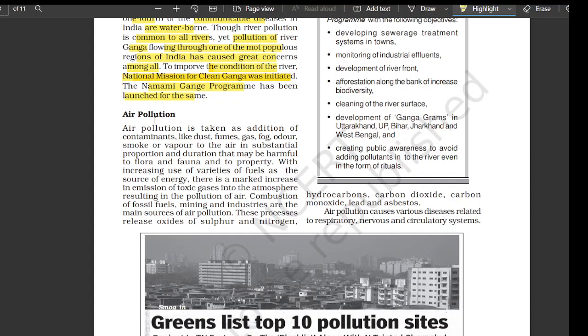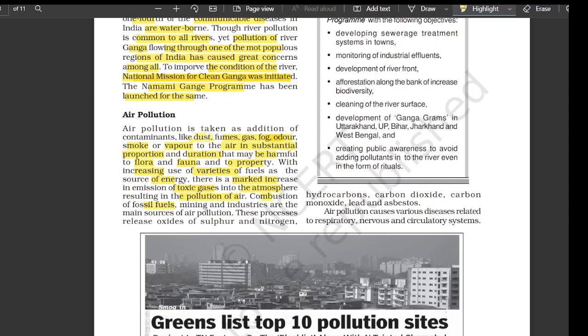Air pollution. Air pollution is taken as an addition of contaminants like dust, fumes, gas, fog, odor, smoke, or vapor into the air in substantial proportion and duration that may be harmful to flora and fauna and to property. With increasing use of varieties of fuels as a source of energy, there is a marked increase in emission of toxic gases into the atmosphere, resulting in the pollution of air.